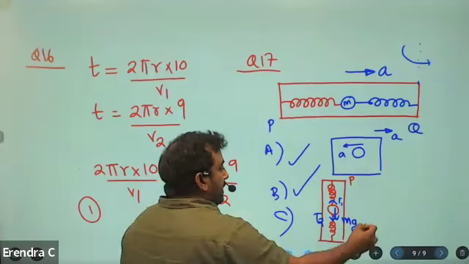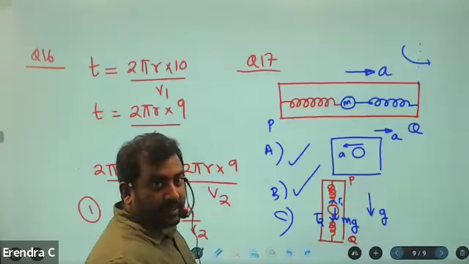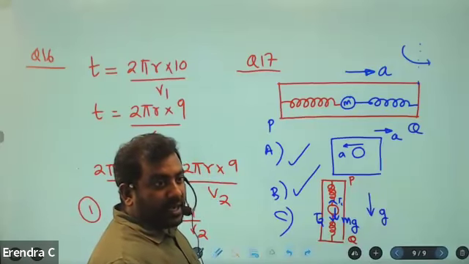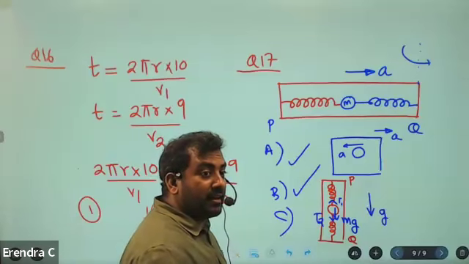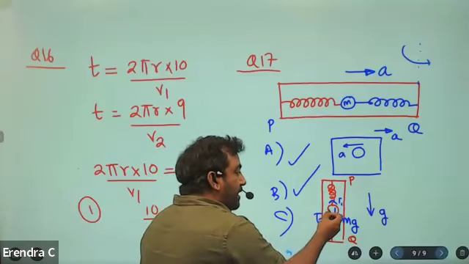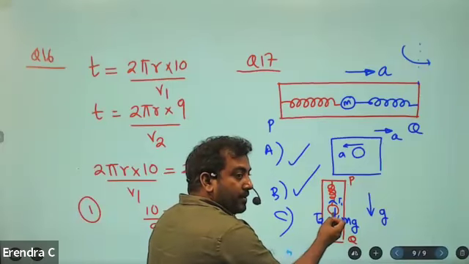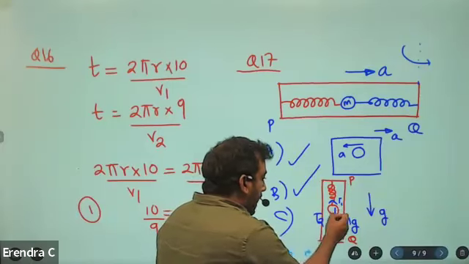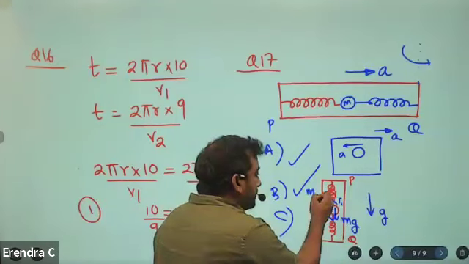Now tell me, when this is falling under gravity, in which direction will the pseudo force act, down or up? Upwards. Mass is there, acceleration is g, so you have mg upwards.